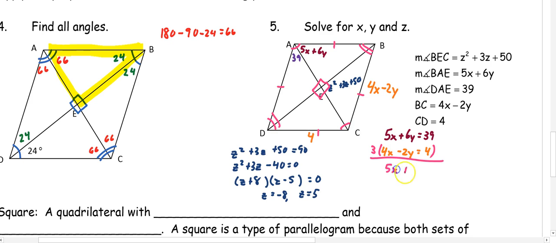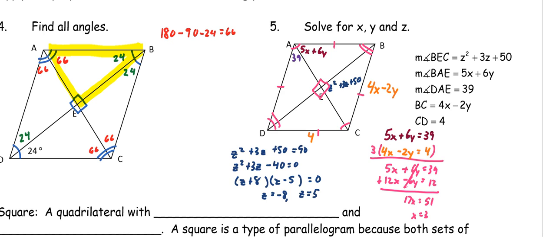So I get 5x plus 6y equals 39, and 12x minus 6y equals 12. So when I eliminate the y's and I add straight down, I get 17x equals 51, which means x is 3.